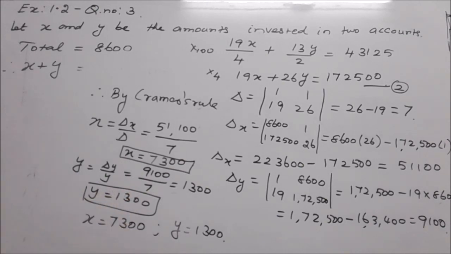Therefore, the amounts invested in each account are 7,300 and 1,300. That's all.